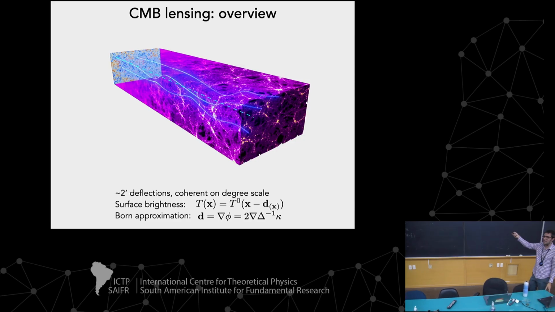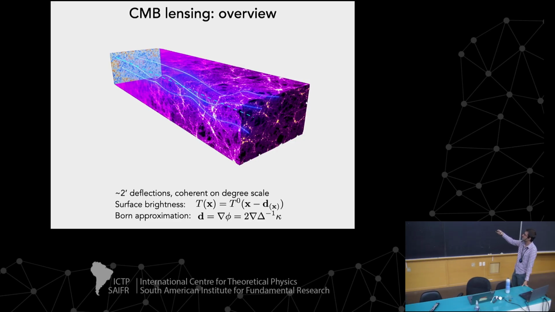Lensing conserves surface brightness, which means that it doesn't change the temperature of the CMB, it just puts it in a different place in the sky. So the temperature that you see here after lensing is the temperature that you would have seen there before lensing. And the difference between here and there is just this deflection vector field.